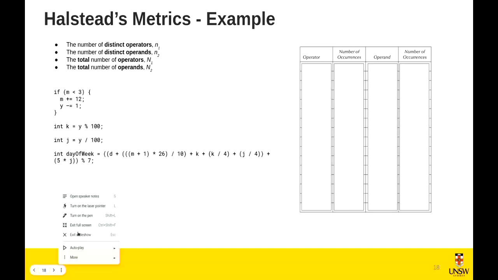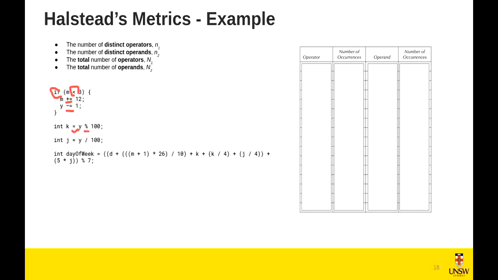Let's try to count them. The first one is if. The second one is smaller than. And the third one is plus equal, minus equals. And then this assignment is another unique operator.